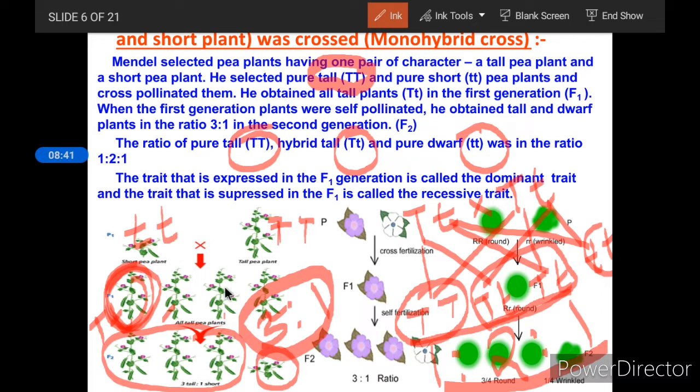So 2 copies of a trait are inherited, but only one gets expressed and the other remains hidden. The trait that is expressed in the F1 generation is called the dominant trait, and the trait that is suppressed in the F1 generation is the recessive trait, that is the shortness. I hope it is clear.